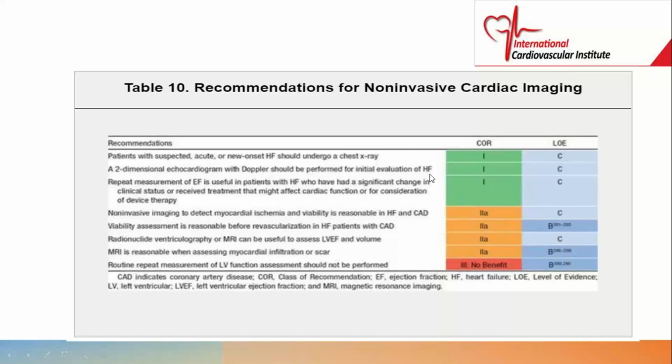Okay, patients with heart failure should get an echo. And if you're treating these patients and they're getting worse, you need to get a repeat echo. If you put them on a medication and they're improving, and you want to assess because they're doing so well, that's also an indication for echo.